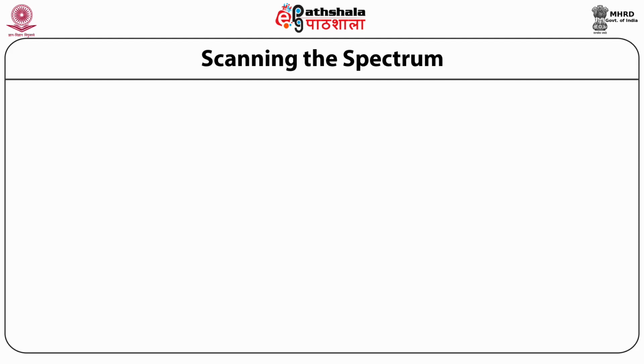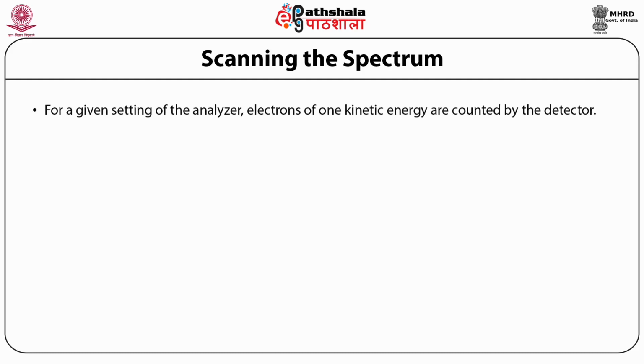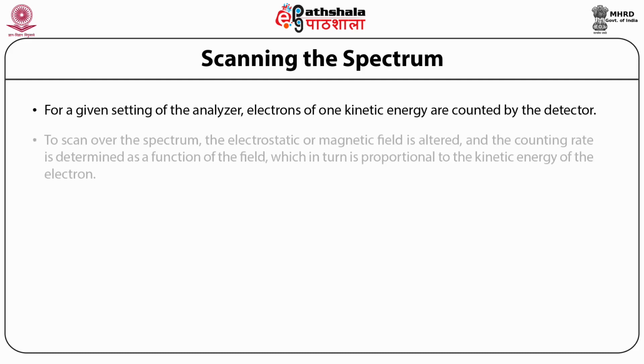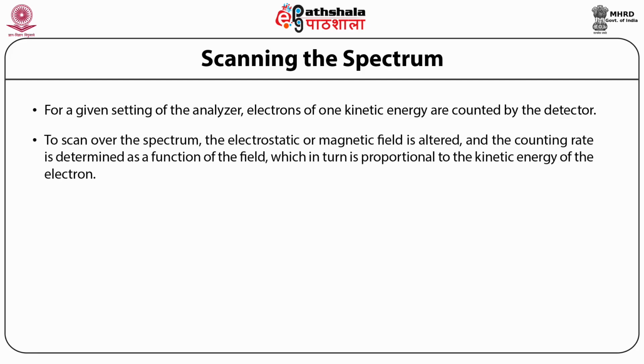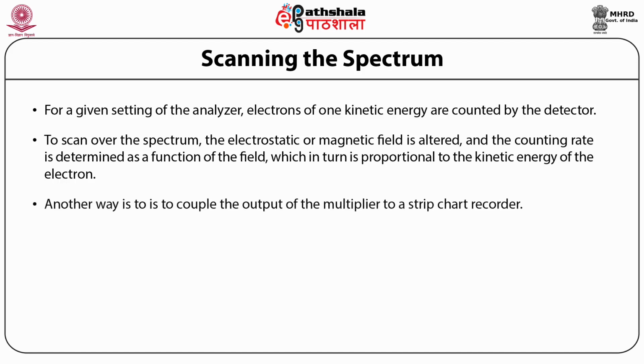Now we will discuss scanning of the spectrum. For a given setting of the analyzer, electrons of one kinetic energy are counted by the detector. To scan over the spectrum, the electrostatic or magnetic field is altered, and the counting rate is determined as a function of the field, which in turn is proportional to the kinetic energy of the electrons. Another way is to couple the output of the multiplier to a strip chart recorder.